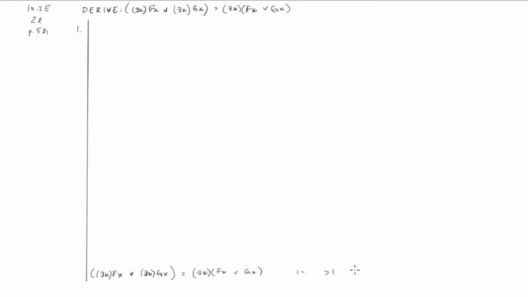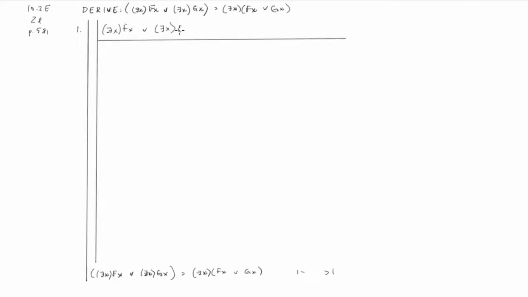And the first thing that we're going to do then is to set up the scope lines for that subderivation. Okay, there we are. We have to set up our auxiliary assumption, which will be the left-hand side of the conditional, our antecedent of the conditional. It's always that way. So there's an x, fx, or there's an x, gx.